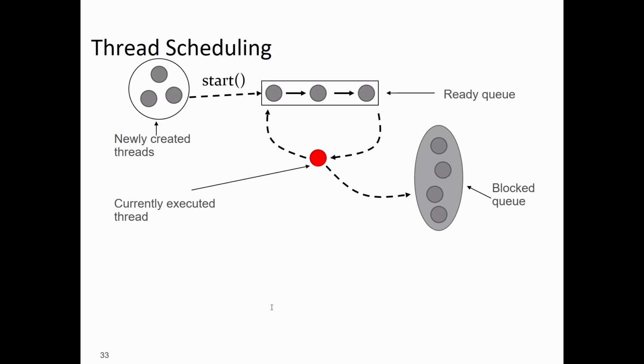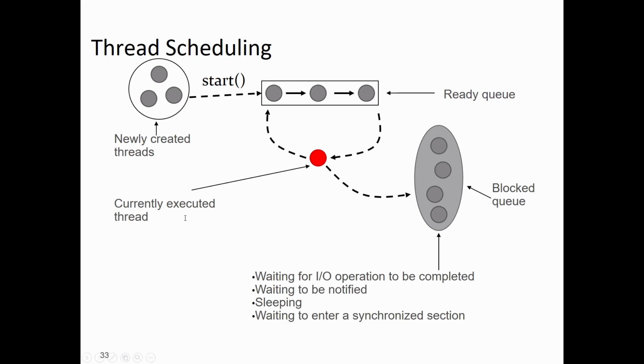External resources are very slow compared to the CPU. So as not to stop other threads from running, if a blocking instruction is called, the thread goes to the blocked queue. So we have two queues, the ready queue and the blocked queue. There are waiting operations, notifying, sleeping, synchronization sections, and we'll talk about all this stuff.